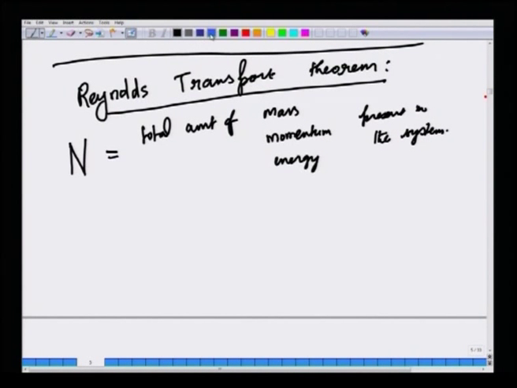We imagine that the system and the CV coincide at a given time.